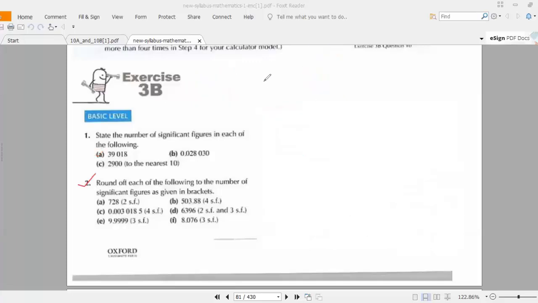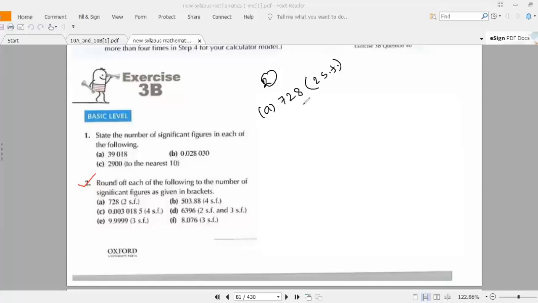Now, question number 2. Question number 2 says, round off each of the following to the number of significant figures as given in brackets. So, question number 2A, 728. The question says to convert into 2 significant figures. So, this is just like a round off.